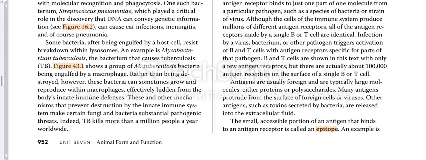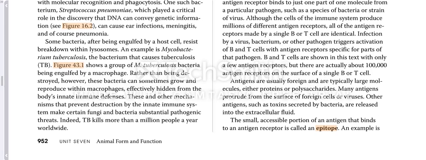And it also says that it's noteworthy that the cells actually contain about 100,000 antigen receptors on the surface. You can see right there. The antigens are usually foreign and very large molecules, and many of them protrude from the surface.